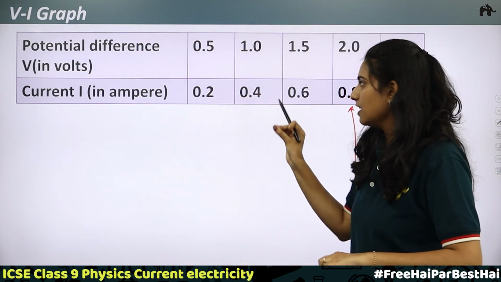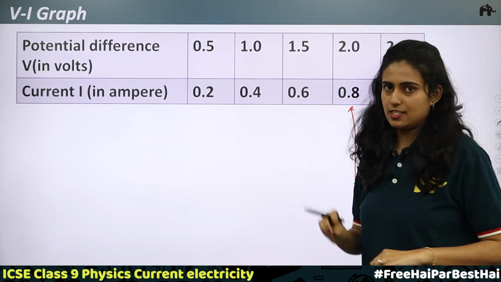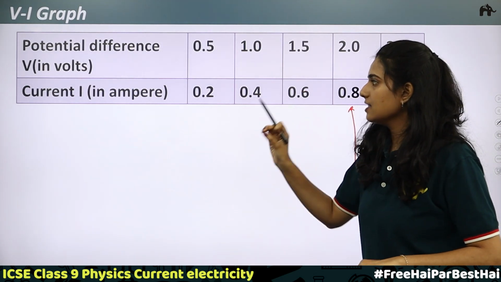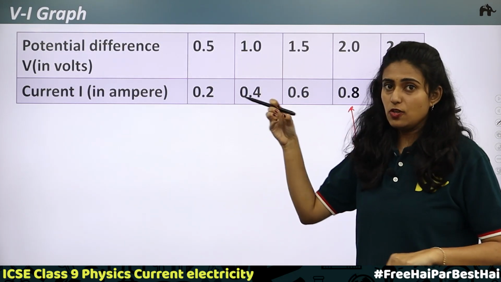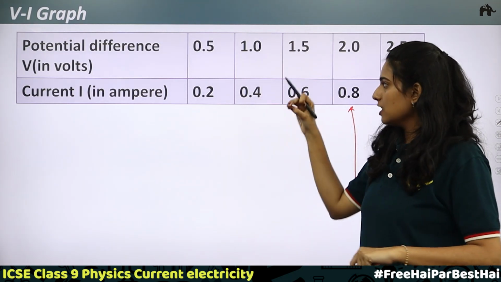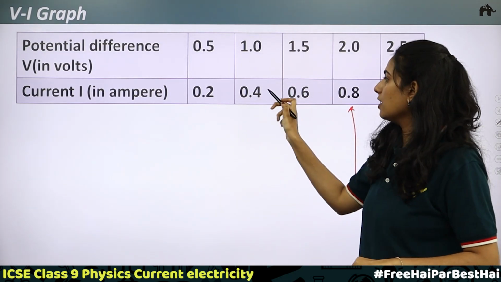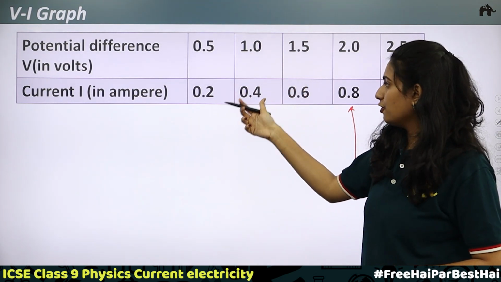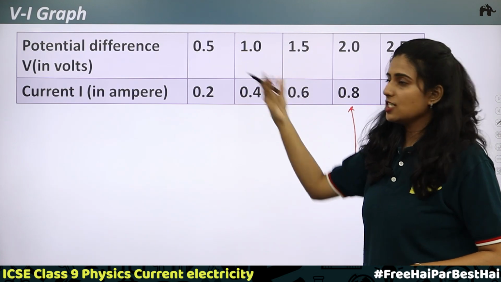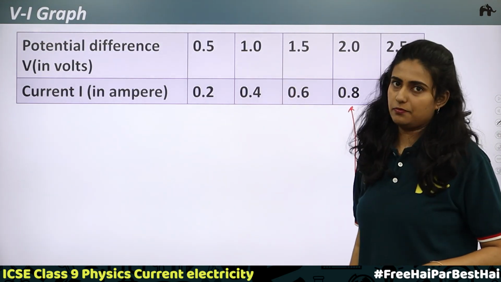Next, you change the resistance with the variable resistor, so you will get a different value of current. Here current is increasing, which means you are decreasing the resistance. Decreasing the resistance with the help of the jockey, you note the ammeter reading 0.4 ampere and the potential difference 1 volt.